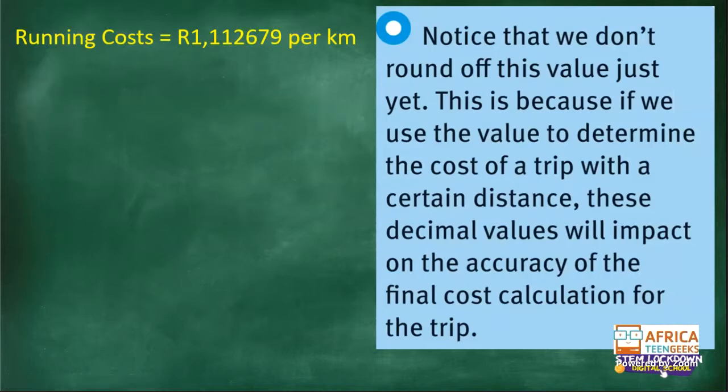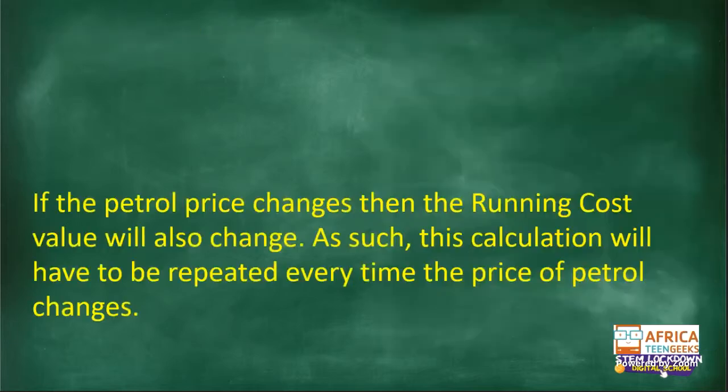This is because if we use this value to determine the cost of a trip with a particular distance, these decimal values will have an impact on the accuracy of the final cost calculation for the trip. So do not round off yet. Please leave the amount as it is. You will round off at the end of the calculation.